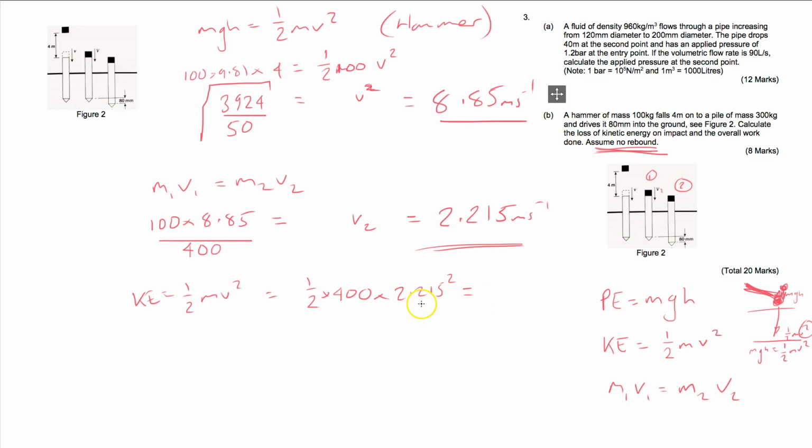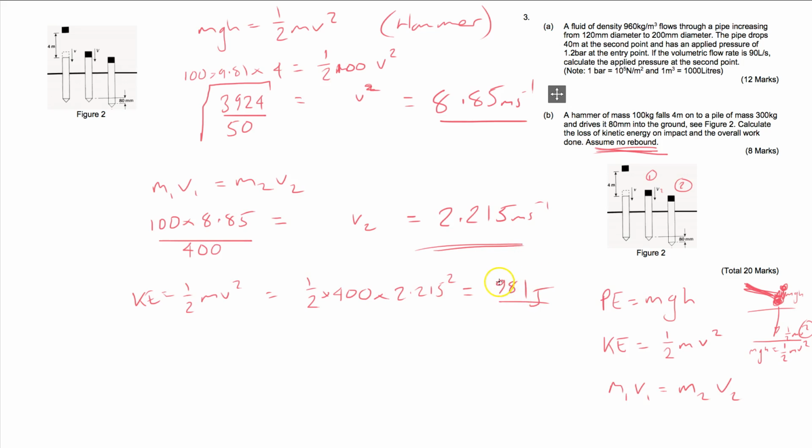We'll process that, which I make equal to 981 exactly, which is a good sign when I get a whole number. It's 981 joules. That's the second state.